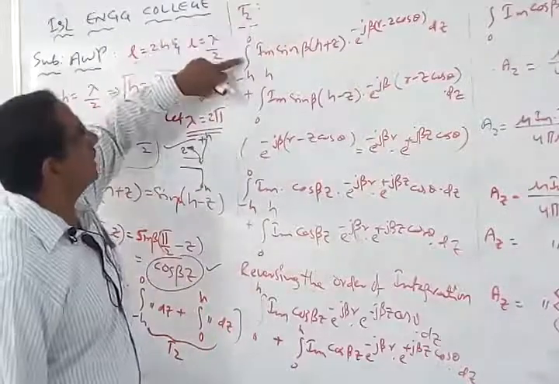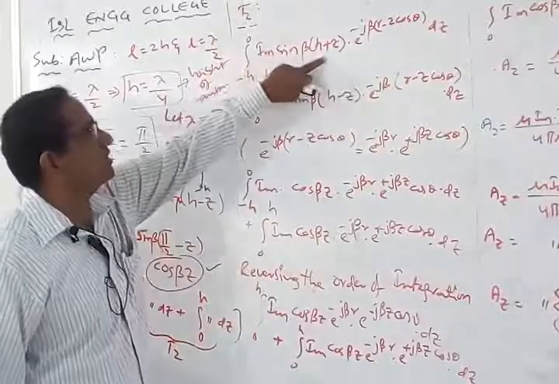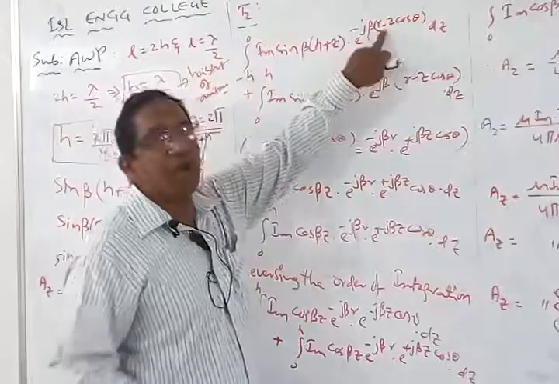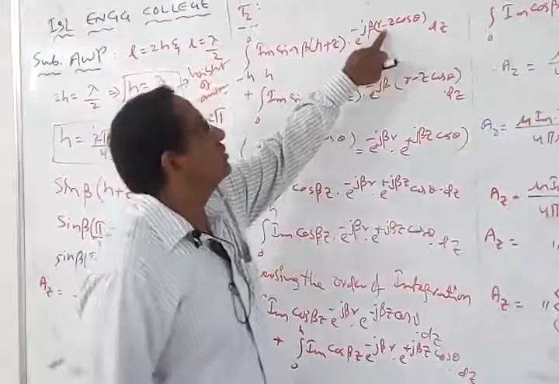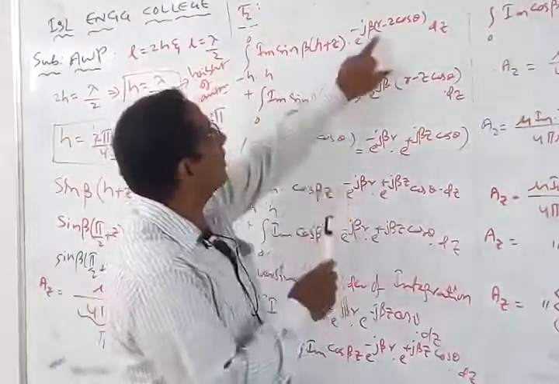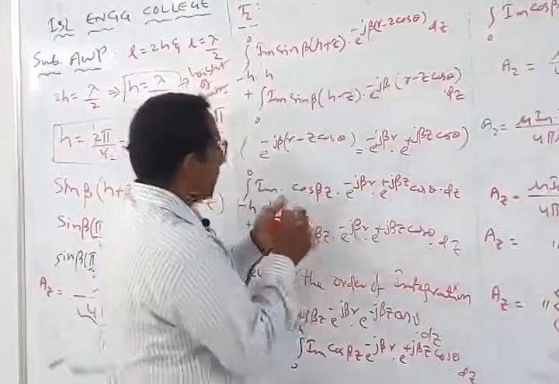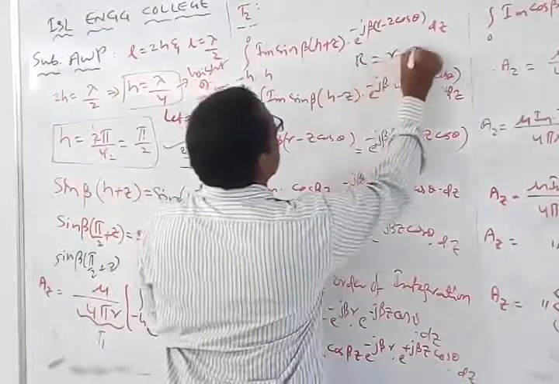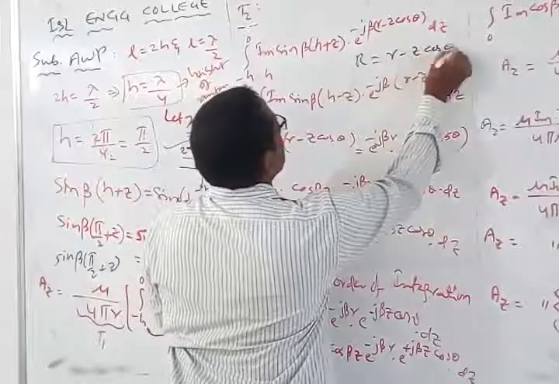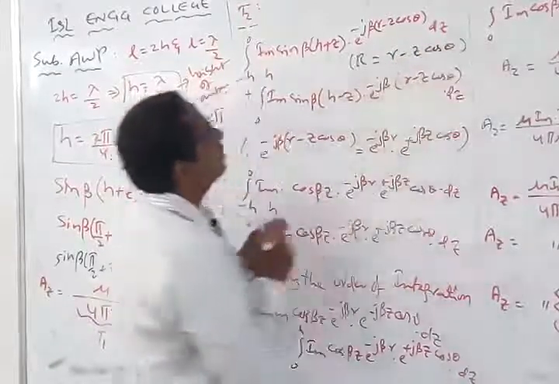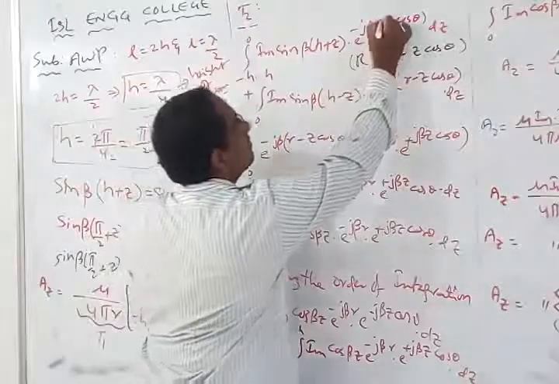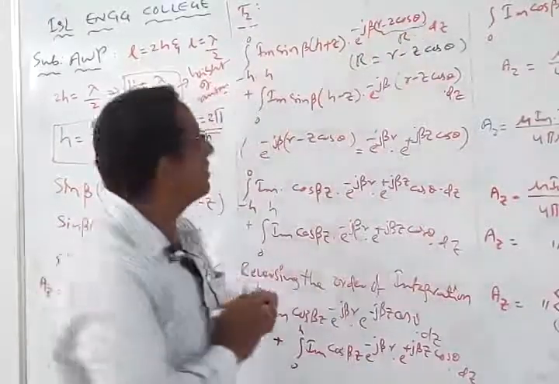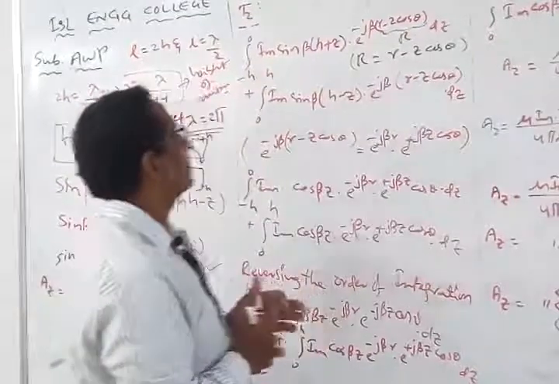So T2 is nothing but Im sine beta of (h plus z) into e to the power minus beta of capital R. What is capital R? The basic equation we got in the previous class: r minus z cos theta is capital R. So we can replace this capital R with r minus z cos theta.